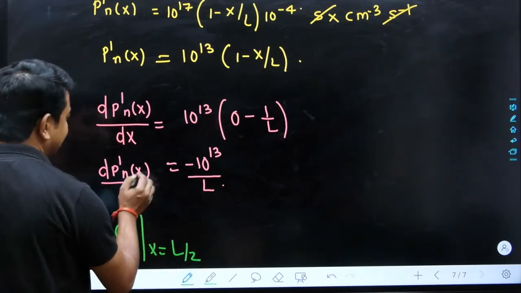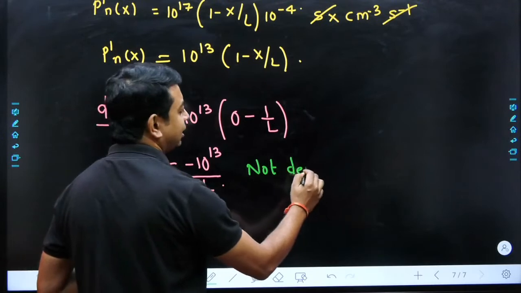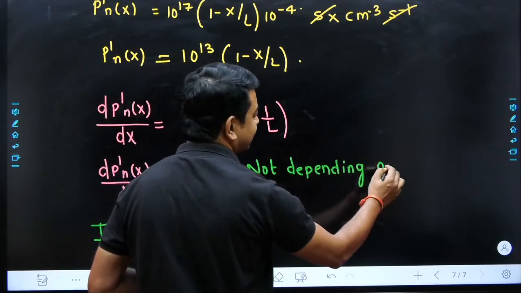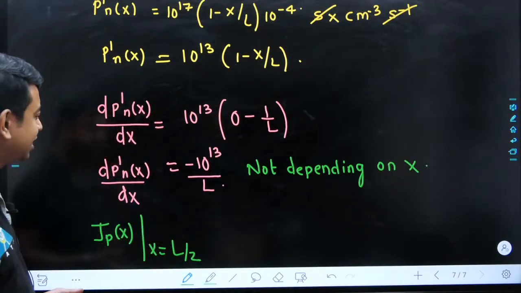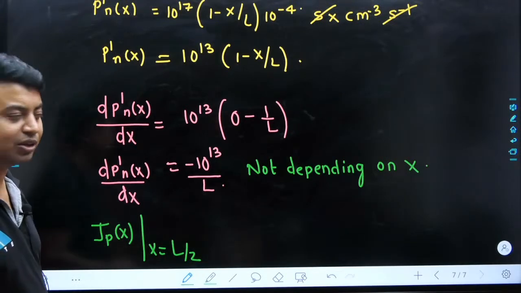So here this particular formula is not depending on x. That's why we can say that the current density is also not depending on x.